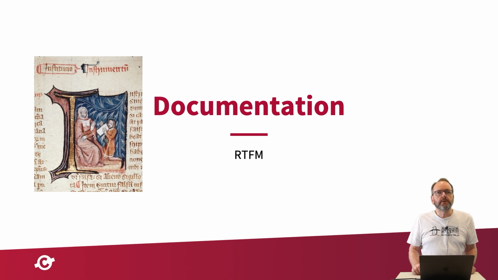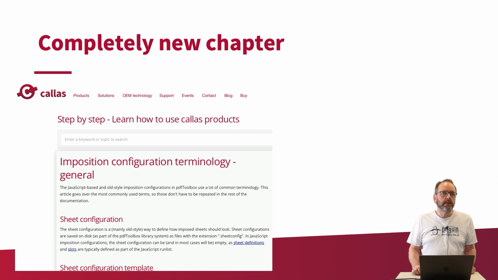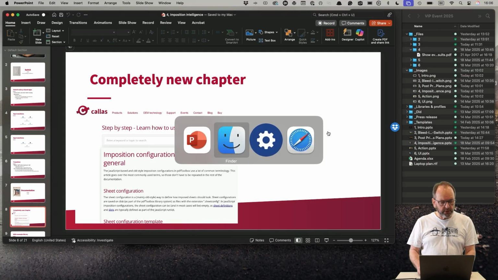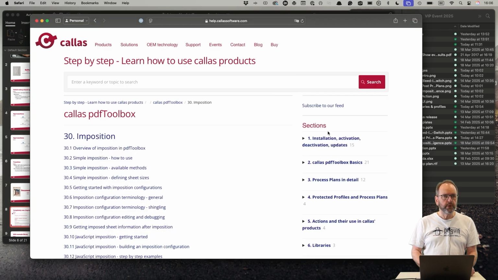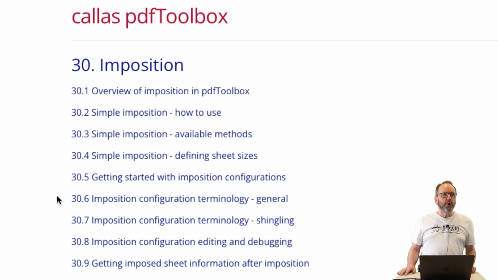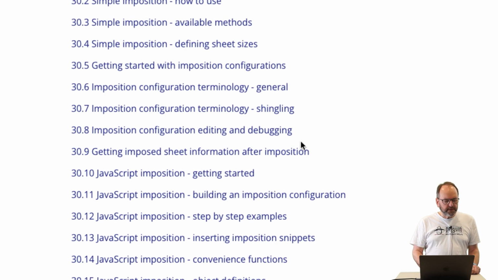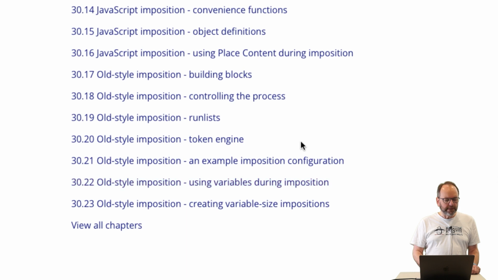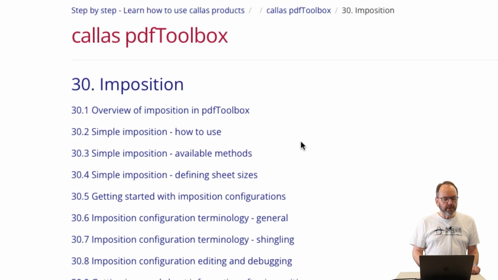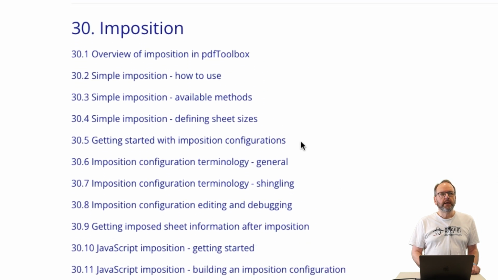Second topic is documentation, also quite important, and there is a completely new chapter for that, and I just wanted to open that up in a browser. So it used to be called Impose, it is now called Imposition, but of course it talks about the same type of functionality. And when you look at that, you'll see that it is a quite long chapter now, 23 articles in total.